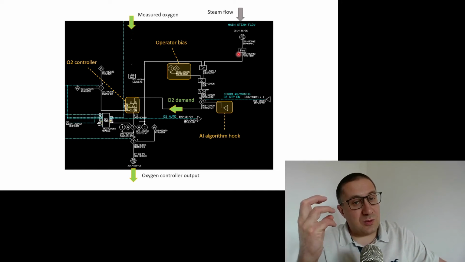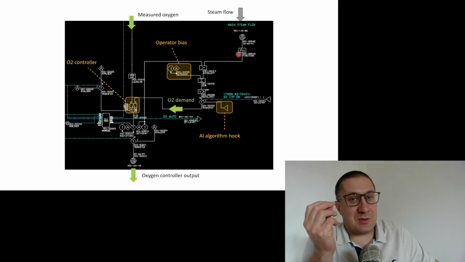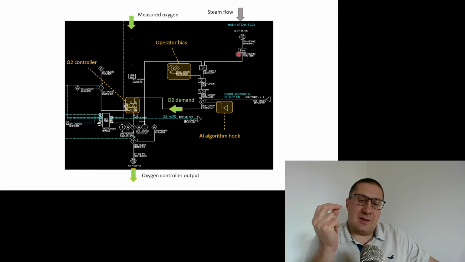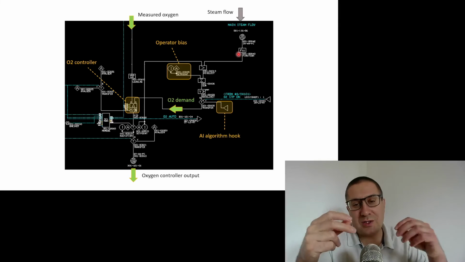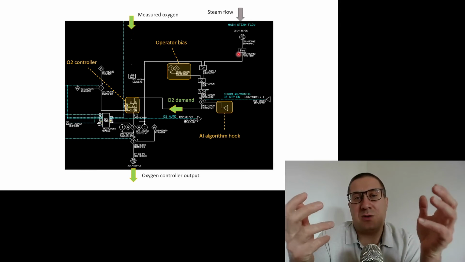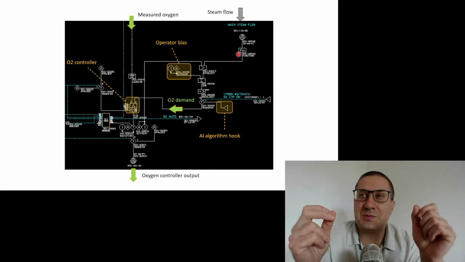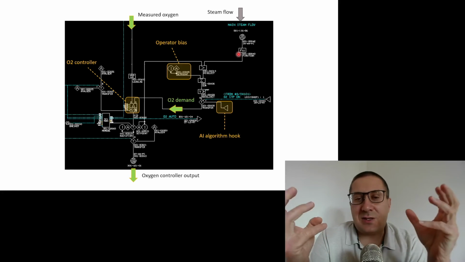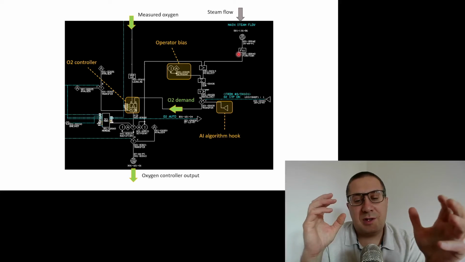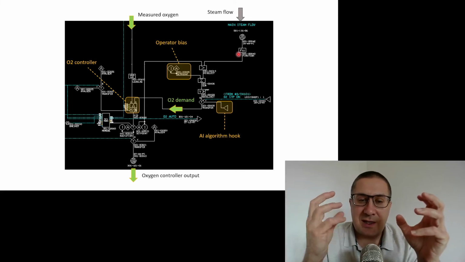Why do we want to measure oxygen in the combustion process? From theory, if we would like to maximize the efficiency of such a process, we should use the whole oxygen, right? We need this oxygen for a combustion process. But the mixing of coal particles and air is not perfect.